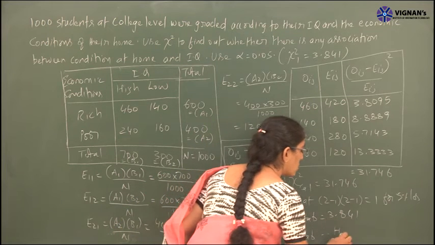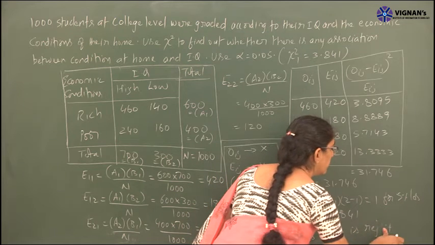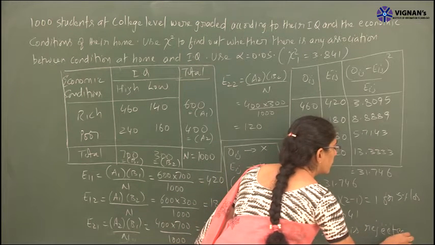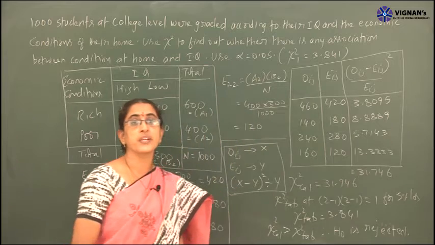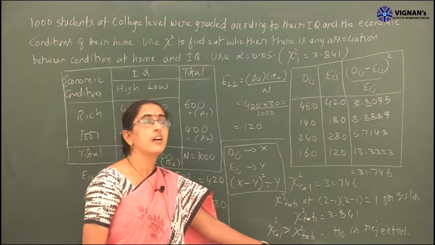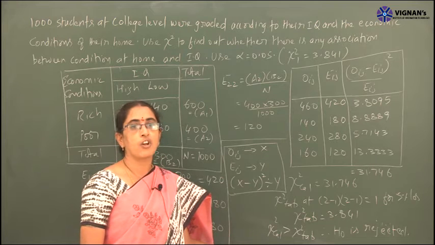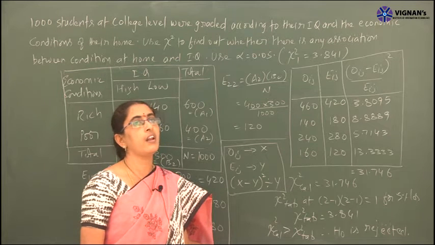Therefore H0 is rejected. H0 is rejected means there is no association between the economic conditions at their home and their IQ. So that is the conclusion.